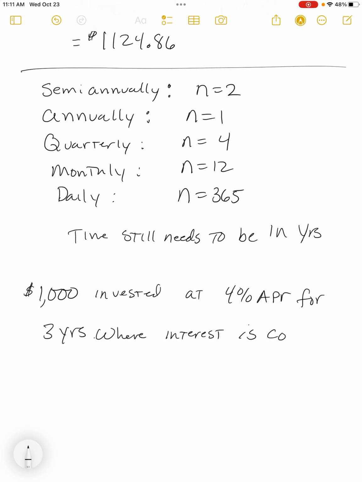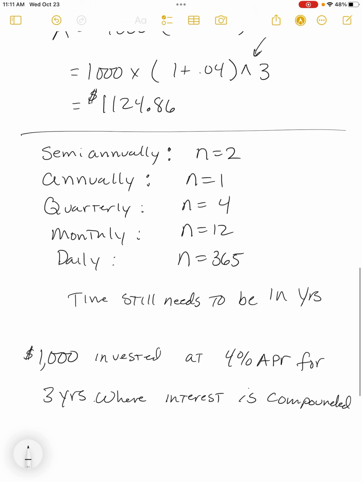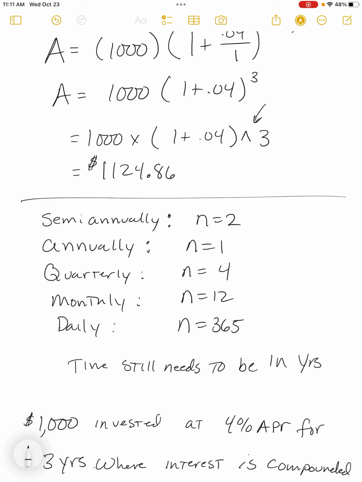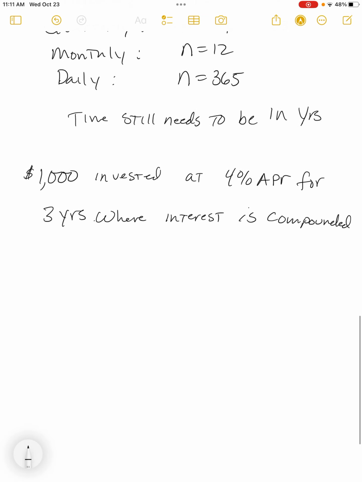Now, before it was annually, and when it was annually, we ended up with $1,124.86. Let's compound it monthly, just to play around with and see the difference. Okay, so what would change? Let me get our formula out here so you don't have to go back in the video. Obviously, this is something you want in your notes.